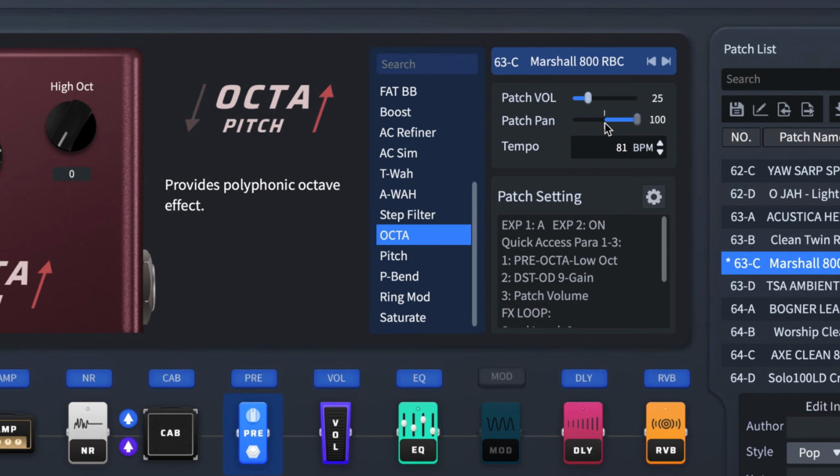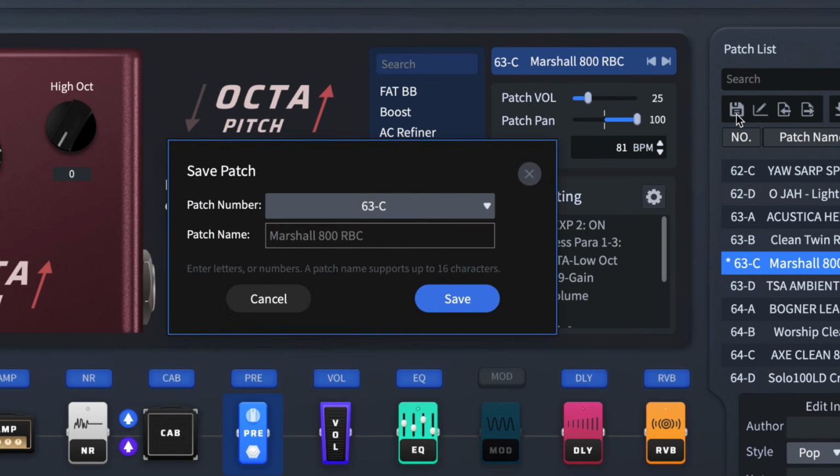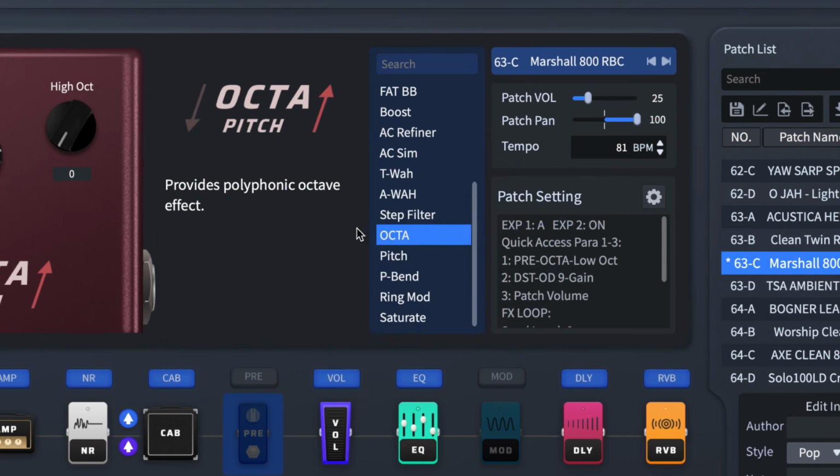So this is just a very simple demonstration of how you could pan your patch. Supposing I were to save this, let me turn off my octave first.